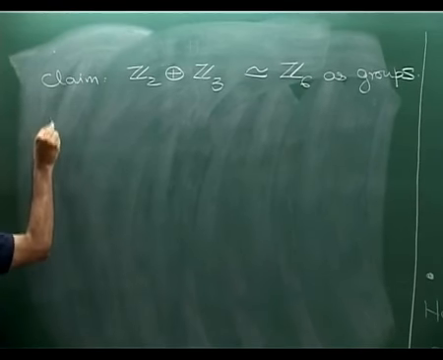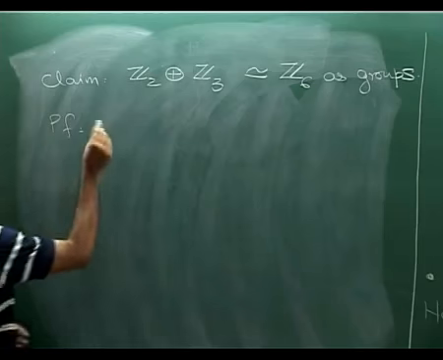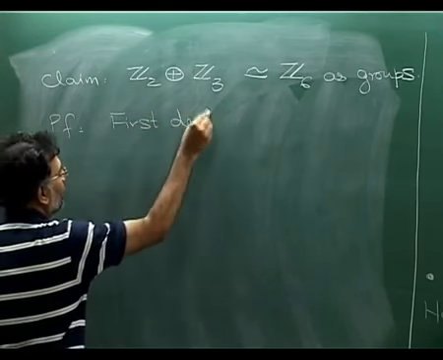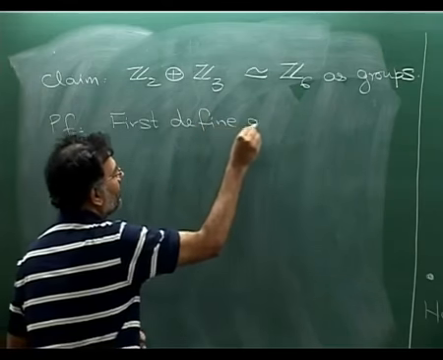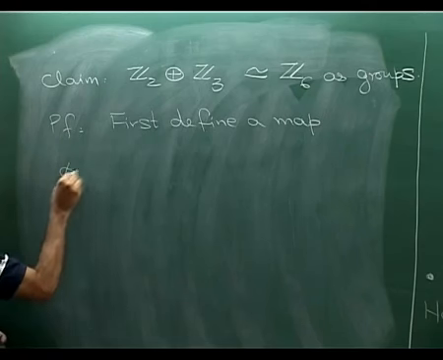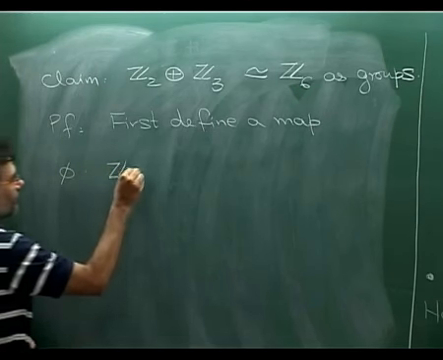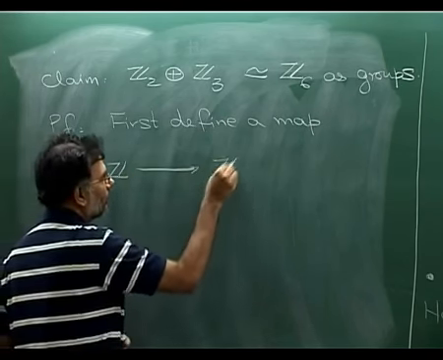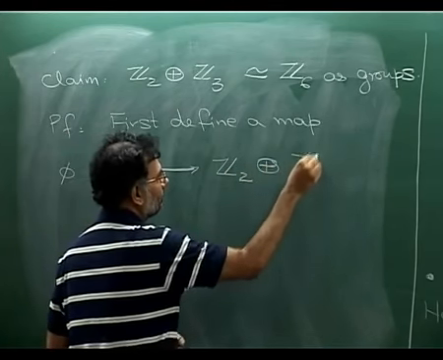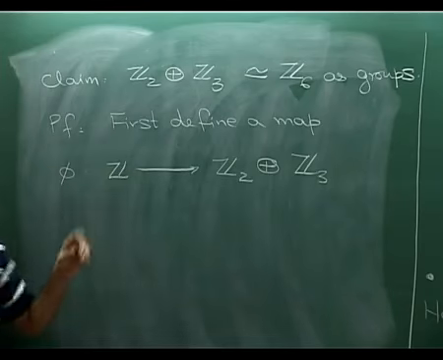So proof. Let's first define a map phi from Z to Z2 direct sum Z3. I'll first define a map from here to there, right? What is the map?